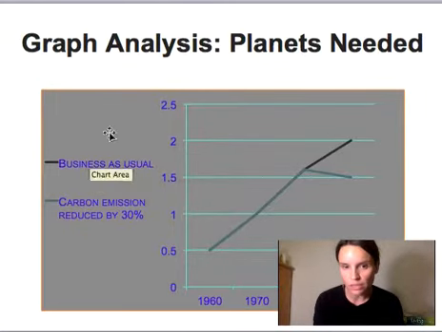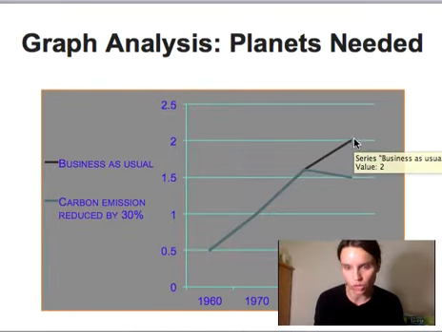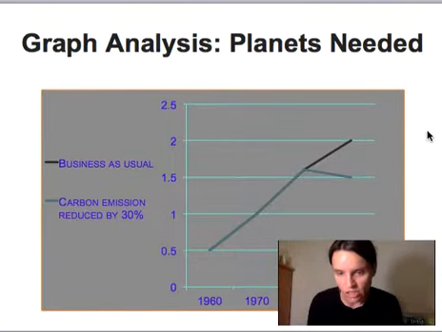If we continue in business as usual for the next 30 years or so, this 2-planet mark represents the year 2030. We would need double the amount of space that we have to maintain our consumption habits. If we right now were to reduce carbon emissions by 30%, we could get back to just a planet and a half by that point.